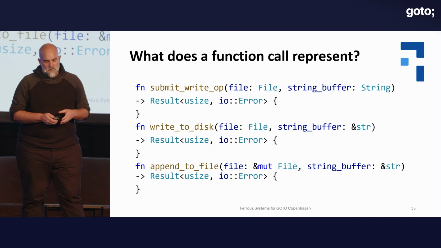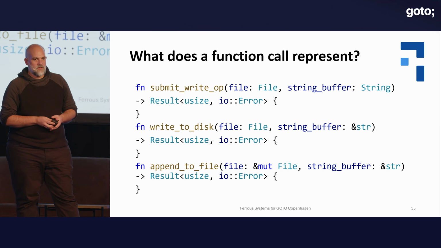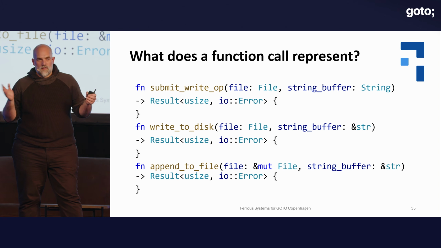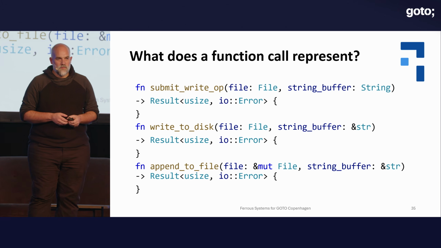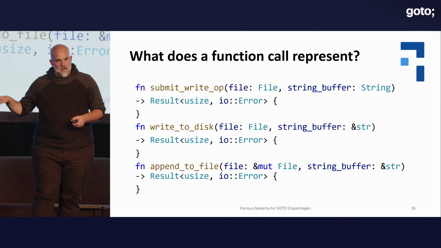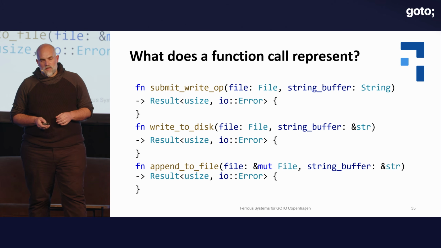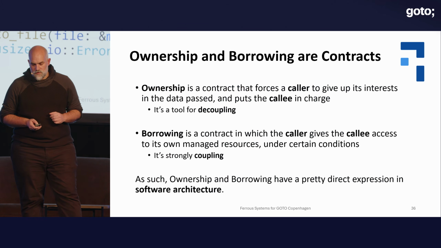While, for example, write to disk is a way in which I can say, okay, I'll keep my data around, I'll keep it immutable while I'm writing it to disk, but then I want to continue with my program. But I want to close the file and push it away. So all of these things can actually be modeled by these two or three concepts.